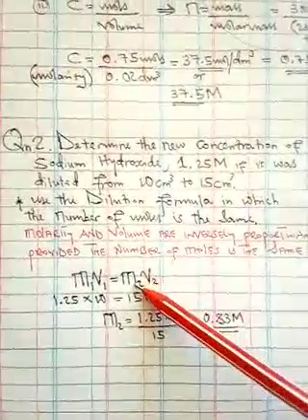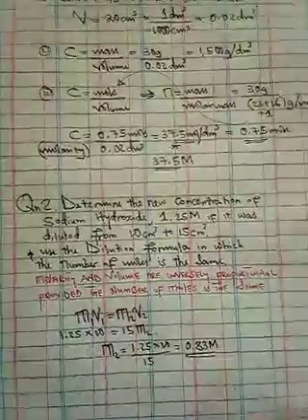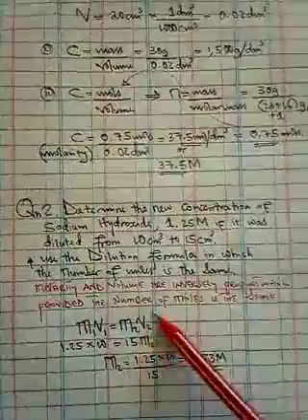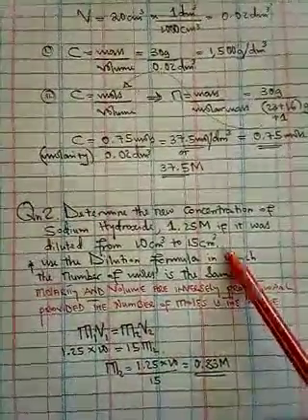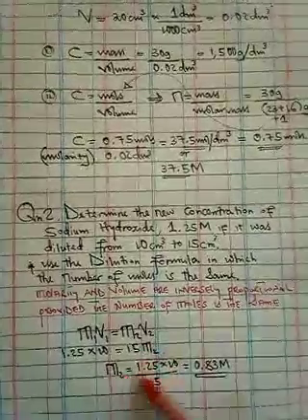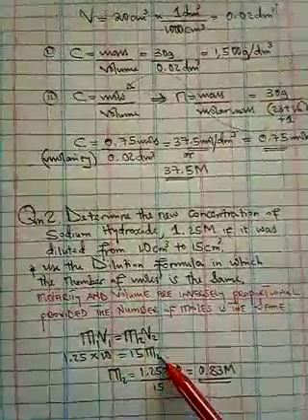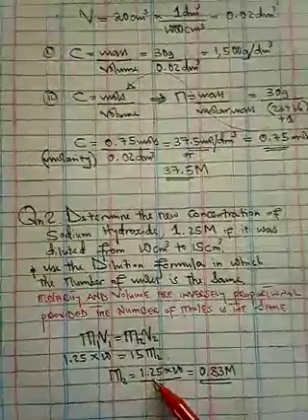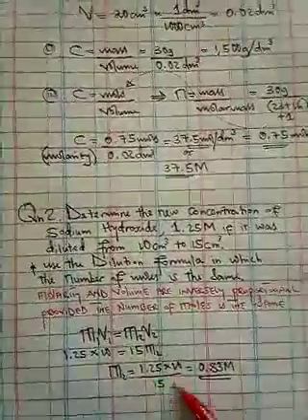Your molarity number 2, that's what you're looking for. That's your new concentration that you're trying to find here. So let us just leave it as M2. Your volume 2, your final volume, is the 15 centimeters cubed that you're seeing right here. So if you try to make M2 the subject of the formula, M2 is equal to 1.25 times 10, divided by 15.